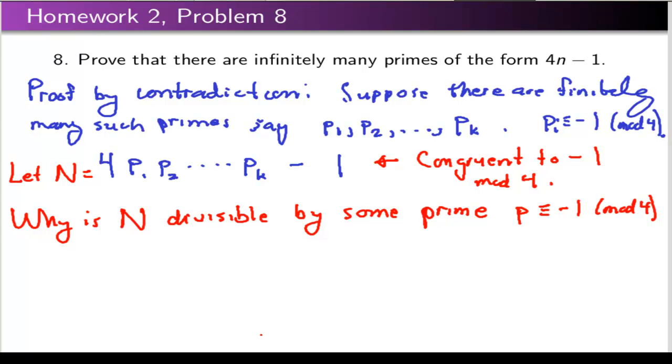And if n was a product of primes that are congruent to 1 mod 4, what would the value of n be mod 4? So think about that. And then, so after you get n is divisible by some prime congruent to -1 mod 4, you say, could it be divisible by any of the pi's that we started with? And that's going to give you your contradiction.